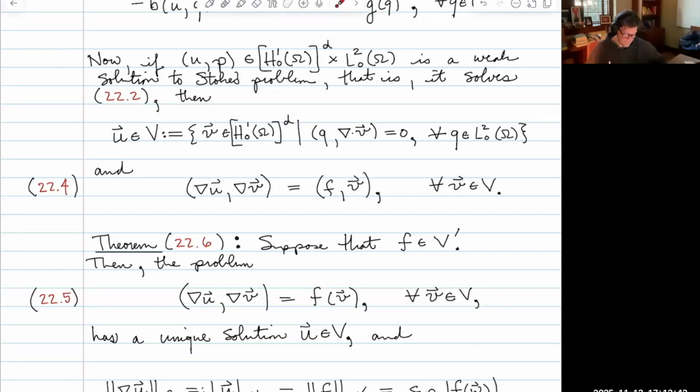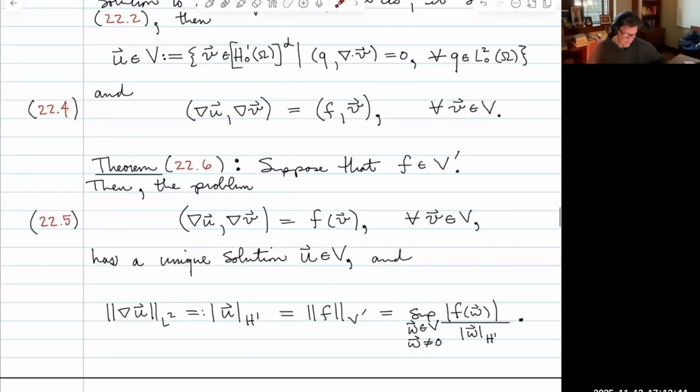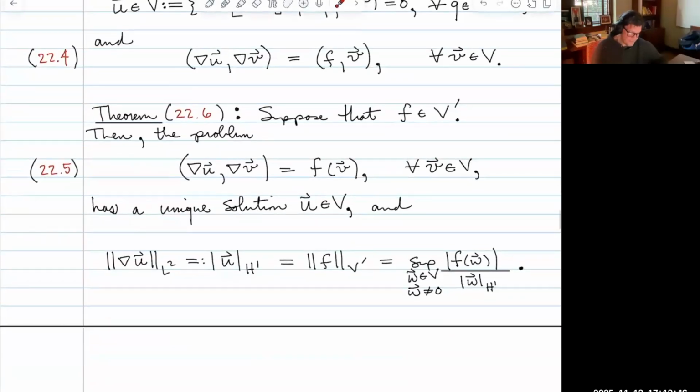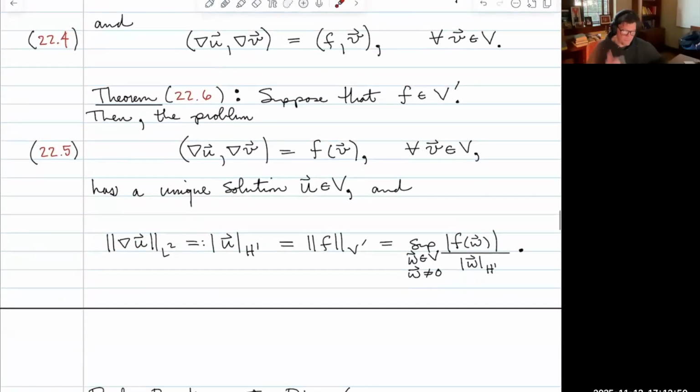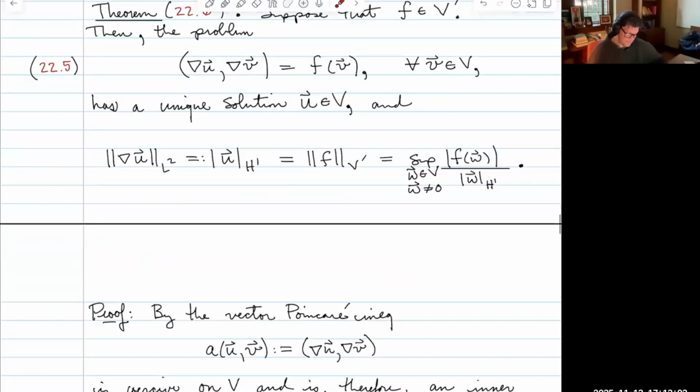Full stop, and nothing more to say. So this problem has a unique solution given to us by the Riesz representation theorem, but we have to restrict our attention to this Hilbert space, not the original Hilbert space that was given, but to this space V of weakly divergence-free functions. Okay.